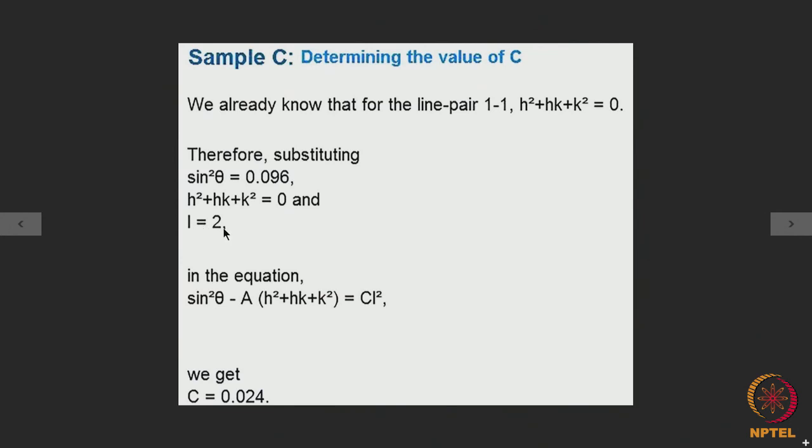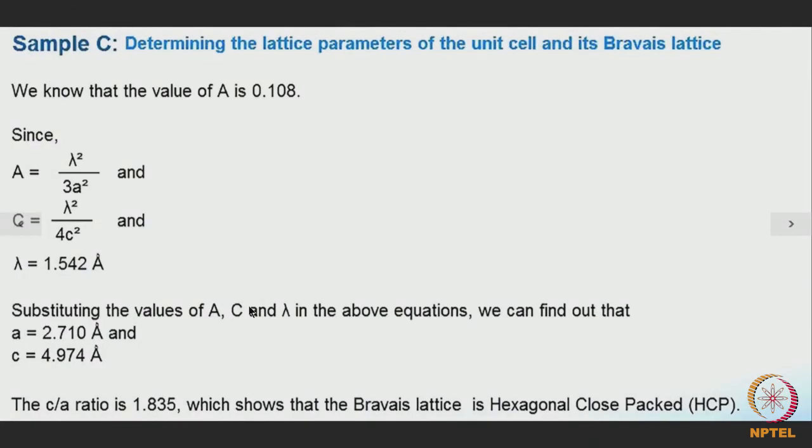In the equation sin square theta minus A into h square plus hk plus k square equals C L square, we get capital C equal to 0.024. So, we have already calculated the value of the capital A and the capital C, which are constants for all the lines in the pattern.